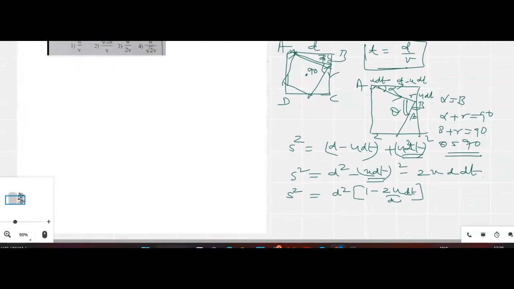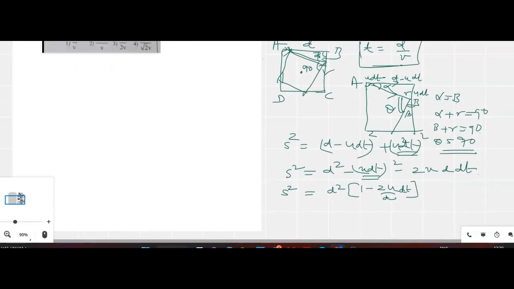Even though it is not necessary for doing all this in this particular problem, this exercise helps you to use this method of approach in some problems. So that's why I'm discussing it here. Now when we take the root of this, s is equal to d into 1 minus u by d dt.